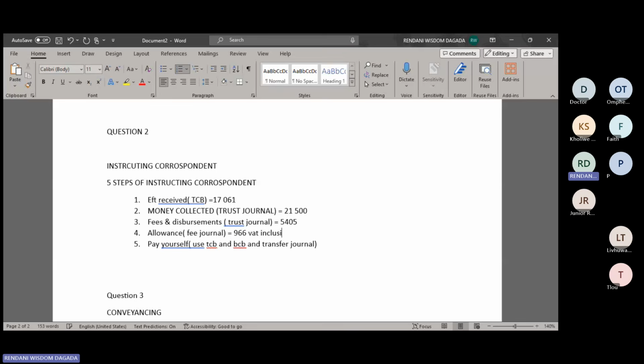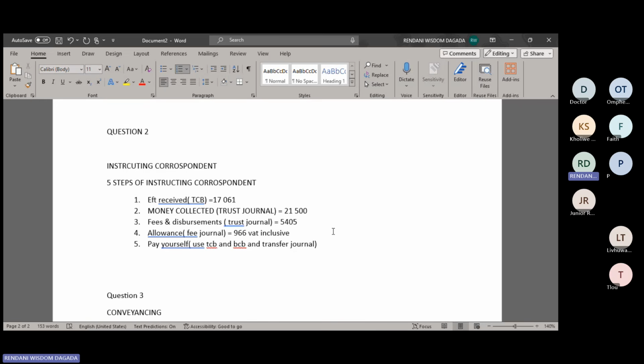And how much were you going to pay yourself? Now, it's a little bit tricky from here. Is it written? Okay, it's not written. So this one here, if you had done the work, you would see that you need to go on the TCB and say the debit side minus the credit side in order to get the proper amount that you need to pay yourself.